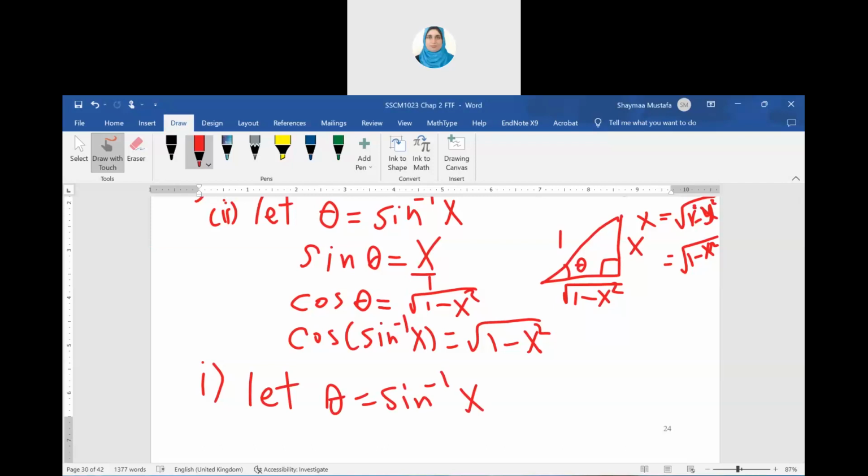It means that sine theta is equal to x, or x equals sine theta.